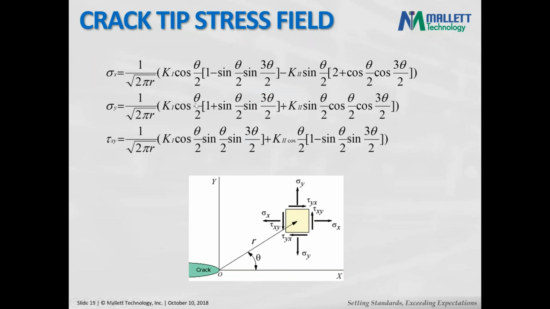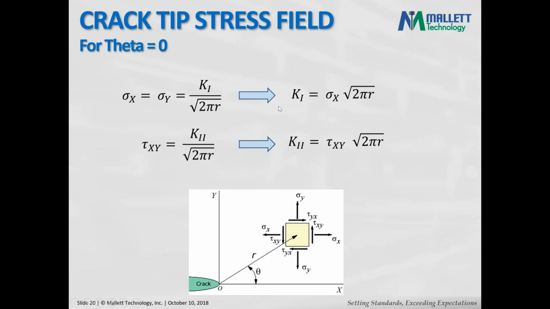And as you see, this closed form solution is given as a function of theta, theta being the angle ahead of the crack tip. If you set theta to 0, which means right ahead of the crack tip, then you get K1 equal to sigma times square root of 2 pi r, and K2 is tau xy, the shear stress, times square root of 2 pi r.